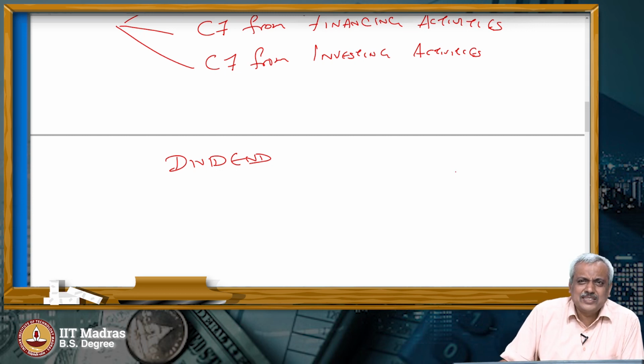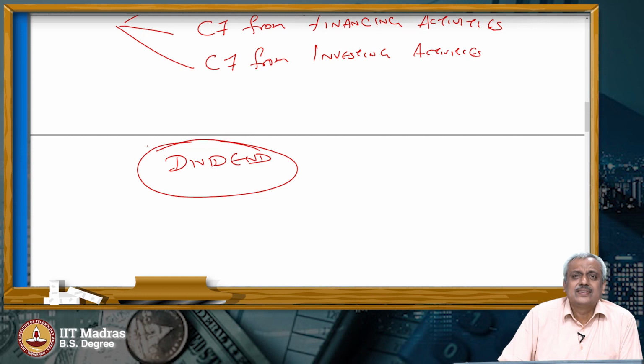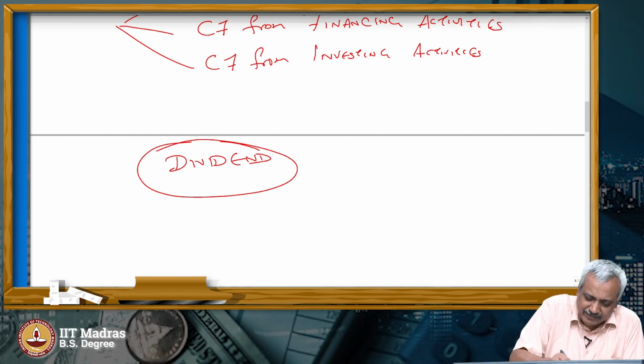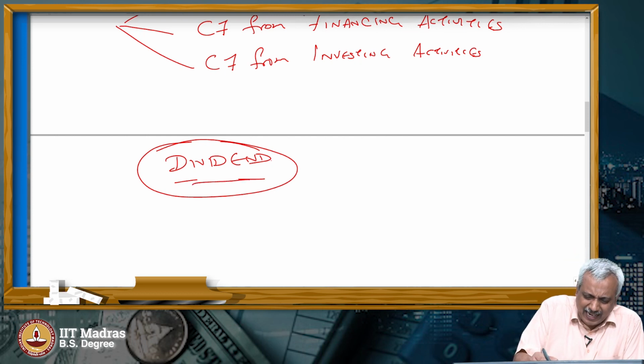When profits are distributed to the equity shareholders, the profit that is given to them is what is called a dividend. The portion of the profit or the entire profit, whatever you might call it, that is given to the equity shareholders is what we call dividends.